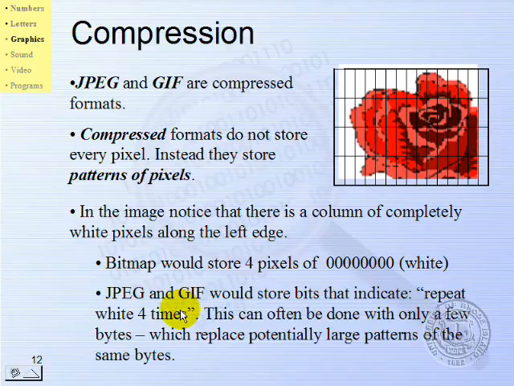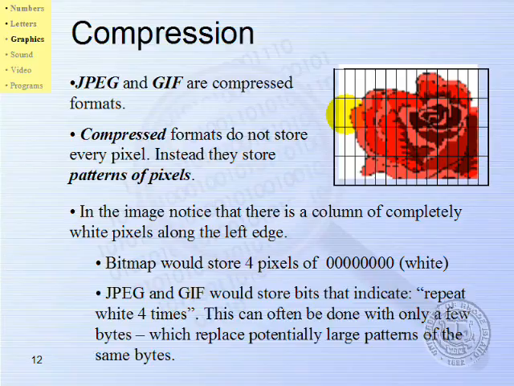Now, we are seeing this on a simplified image here, but in a 4 megapixel image coming off a digital camera, it's quite likely that there are very large regions of the same color, which would all be the same byte pattern in a bitmap format, and can be compressed down from, say, hundreds of thousands of bytes of the same color to 2 bytes or 3 bytes saying repeat this color so many times.